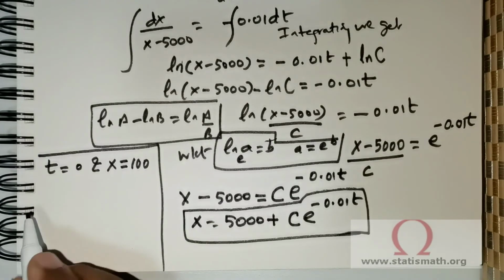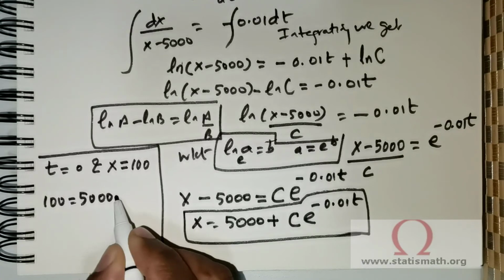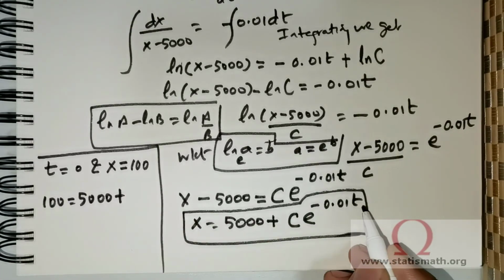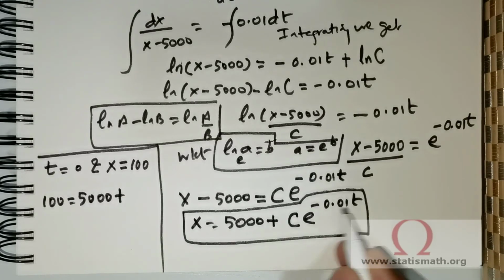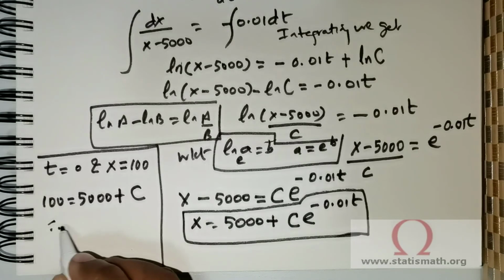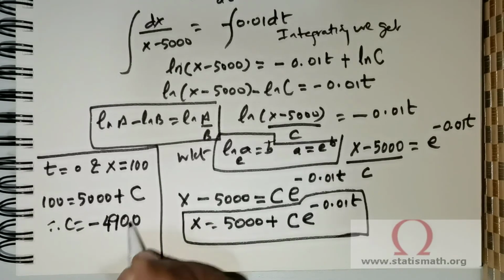Substituting it, we get 100 is equal to 5000 plus this entire quantity. When you substitute t equal to 0, the exponential becomes 1, so you have positive c. Therefore from here you get c is equal to negative 4900.